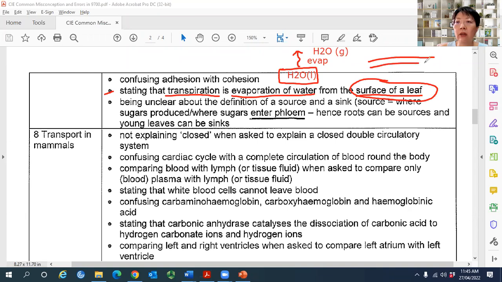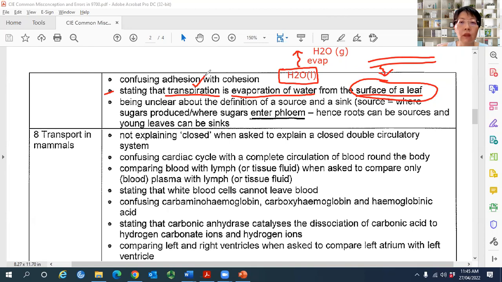Unless you're saying that, okay, this is my lower epidermis, and then from the surface, the water from liquid becomes gas here, then yes, it evaporates from the surface of the leaf, yes. So when you describe, the description must be correct. Okay.